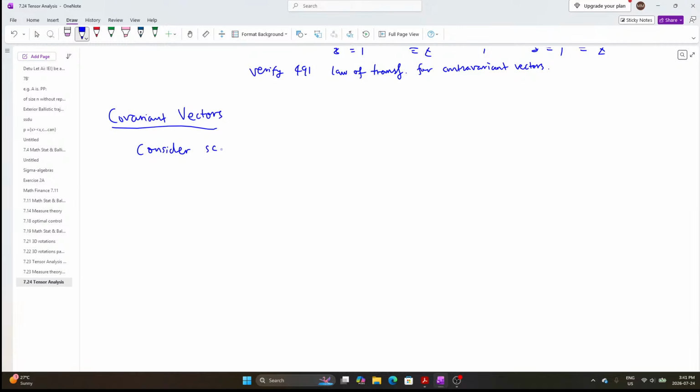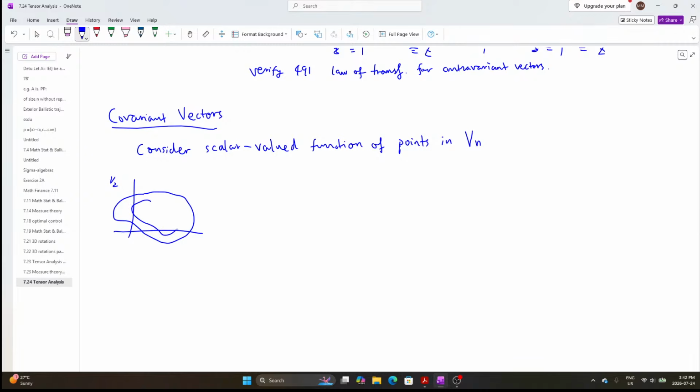A scalar point function is a scalar valued function of a point in Vn, which we usually visualize as a level set. So imagine this is E2, V2. This is a level set, like isothermal curves.